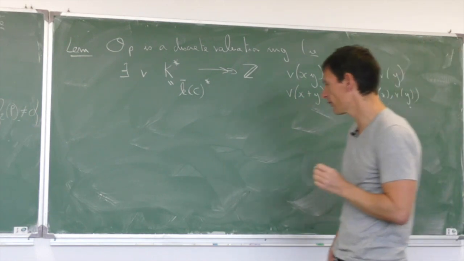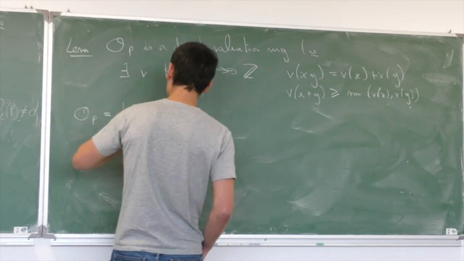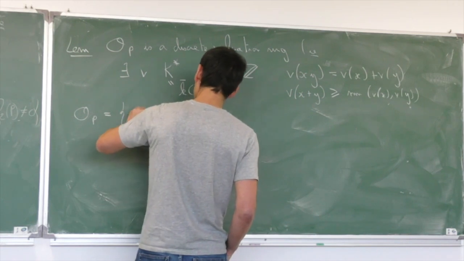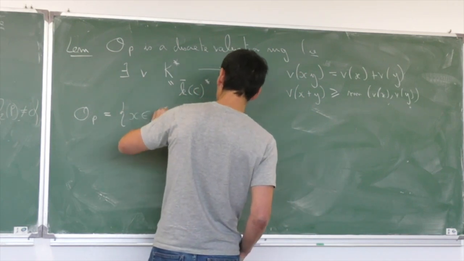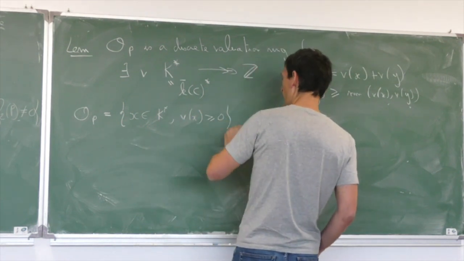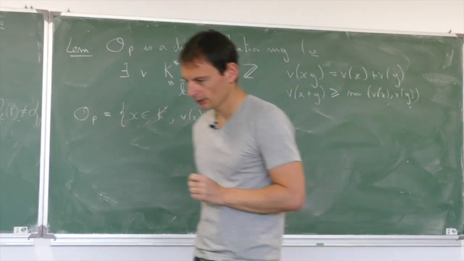And the last thing that you want is that OP is going to be the set of x in K star such that the valuation of x is greater than or equal to 0, union 0. Okay?